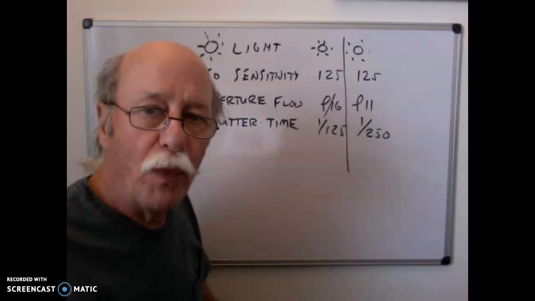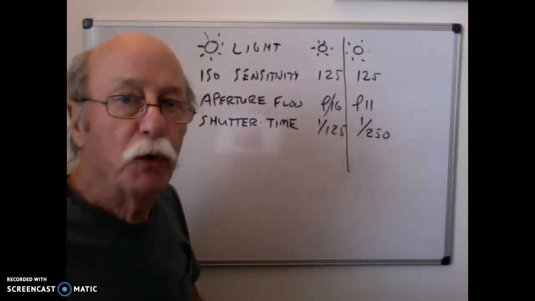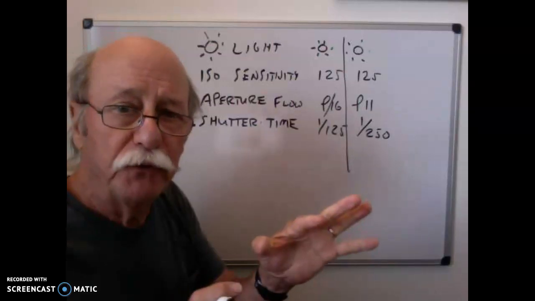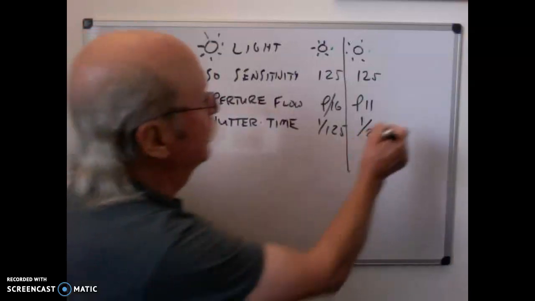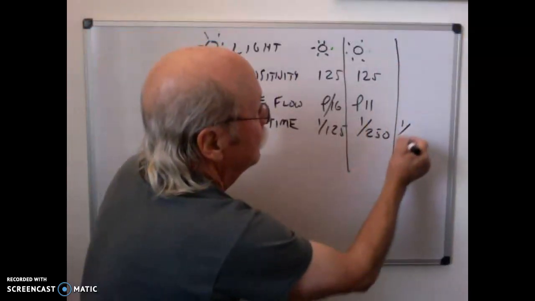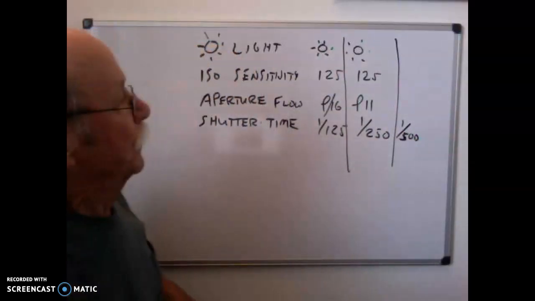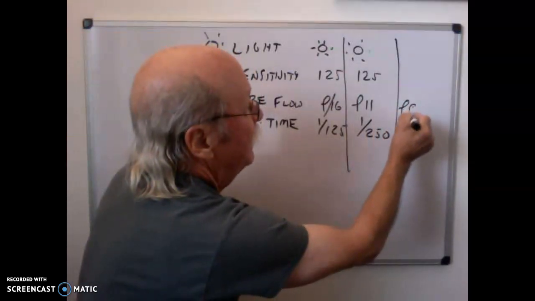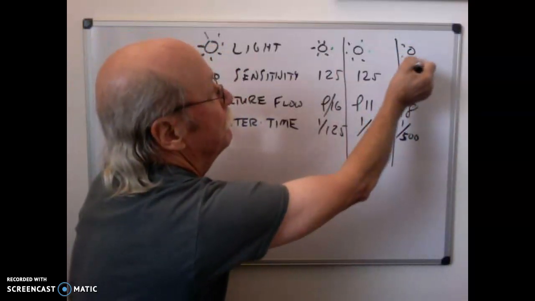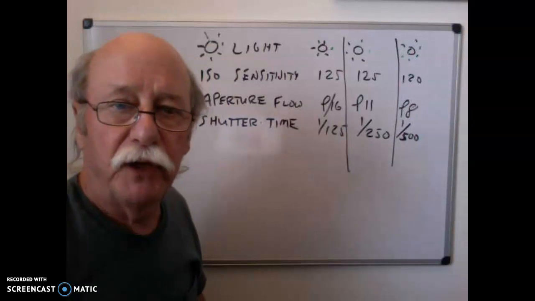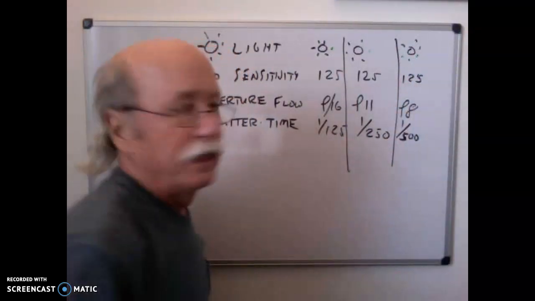Now, let's say I'm doing a motorcycle and I want those wheels to be sharp. I don't want them to look blurry. That's going to be pretty fast. Well, let's do it again. 1/500th of a second. Bigger hole, F8. Same. The sunlight didn't change. The ISO sensitivity did not change.